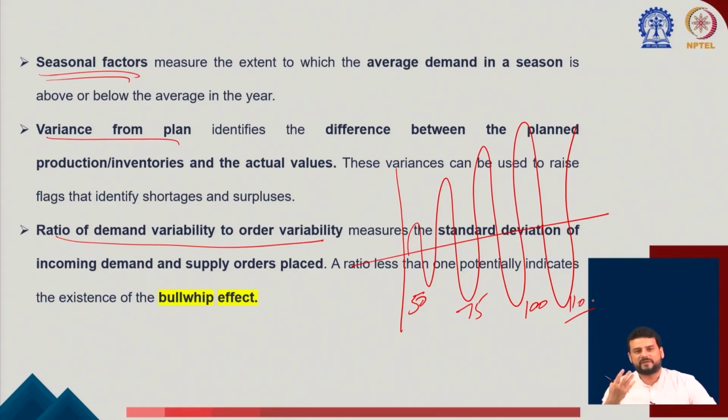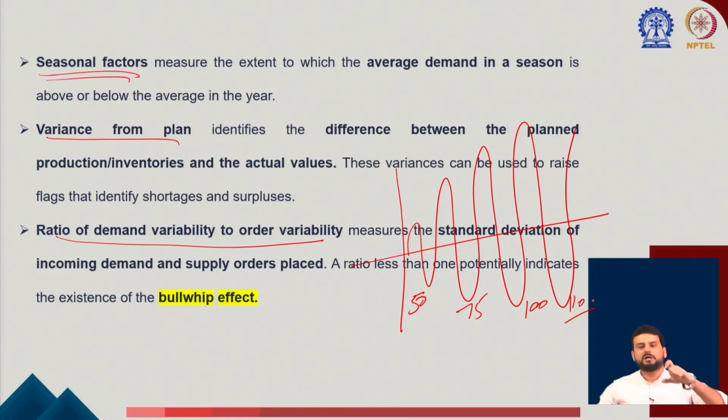This is the bullwhip effect, right? So if that is happening, your demand is less and you are placing orders for more, that means this ratio will be less than 1. If it is less than 1, that means you are not predicting accurately and bullwhip is there.